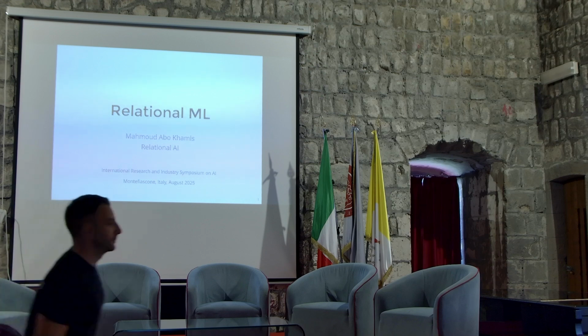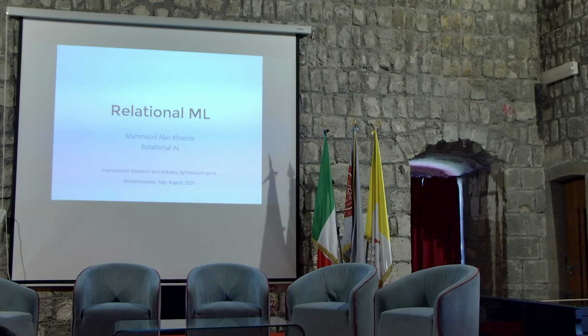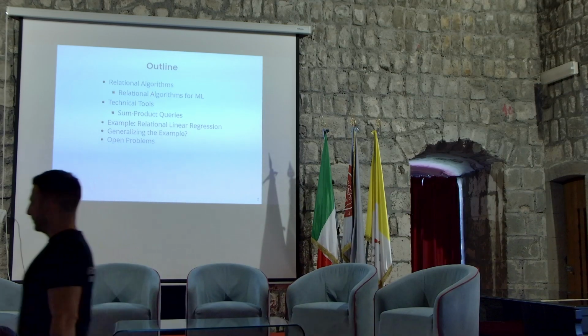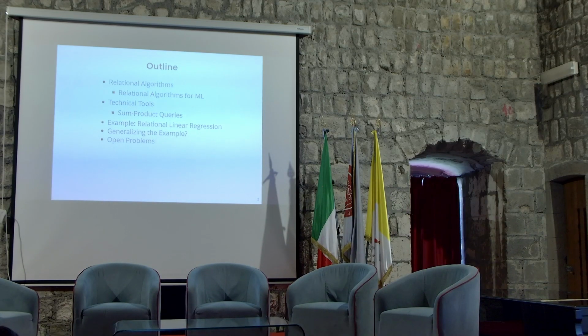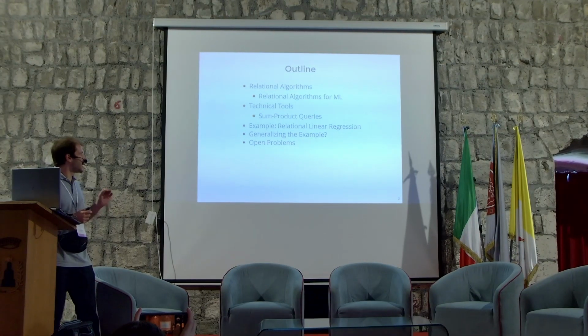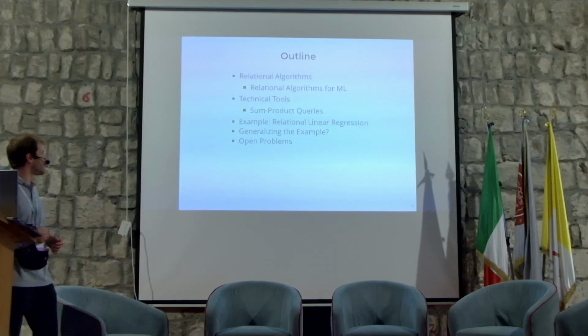So today I want to tell you a bit about relational machine learning. And to that end, we will basically start by taking a look at a concept called relational algorithms. These are basically algorithms that operate over relational data. And then we will take a look specifically at what these algorithms look like in the context of machine learning.